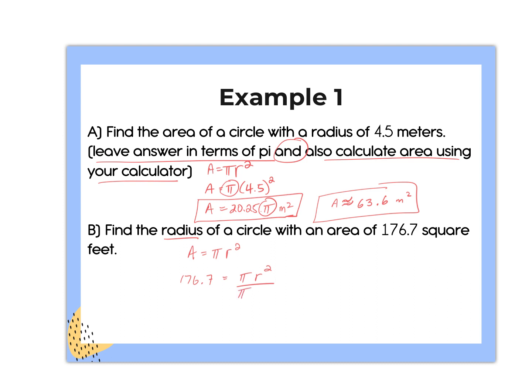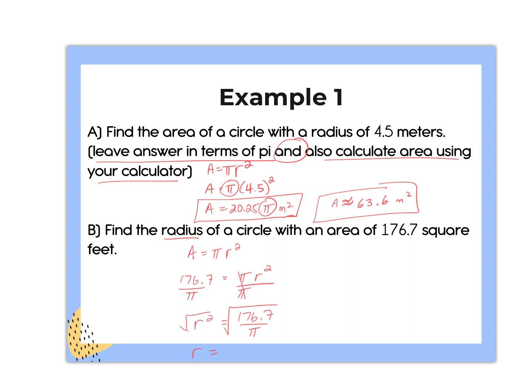So first I'm going to divide by pi, and I'm going to get r squared equals 176.7 divided by pi. And since I'm looking for r, it's going to be the square root of this number. So r is going to be equal to the square root of whatever this equals.